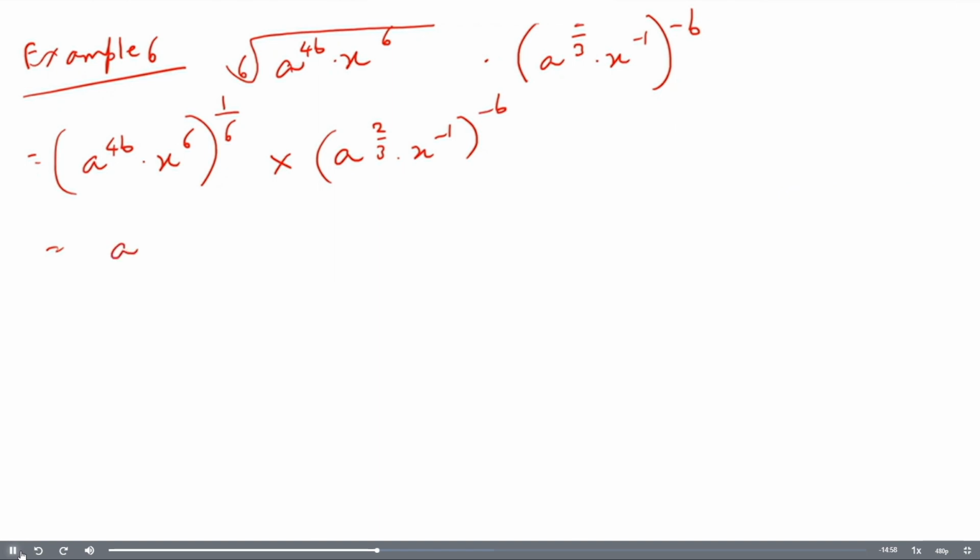Here a to the power 4b into 1 by 6, x to the power 6 into 1 by 6, into a to the power 2 by 3 into minus b, which is minus 2 by 3b, into x to the power minus 1 into minus b, which is b.